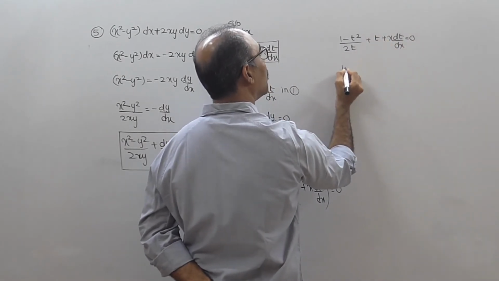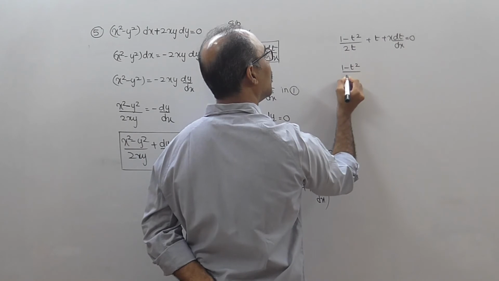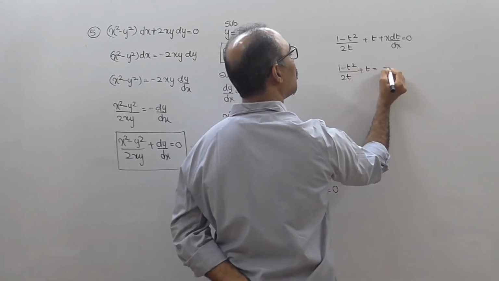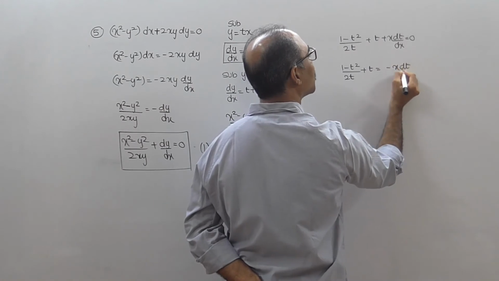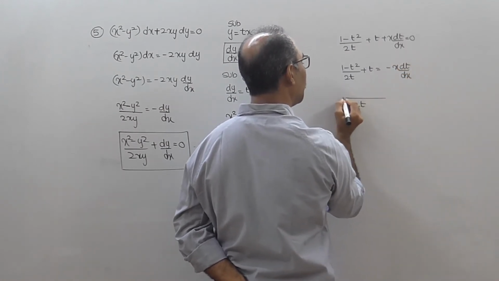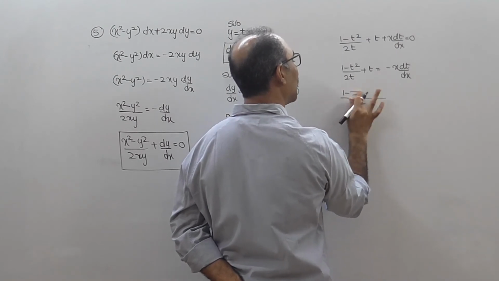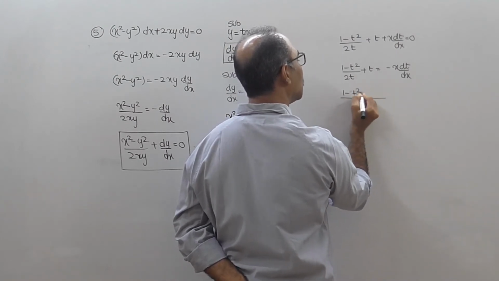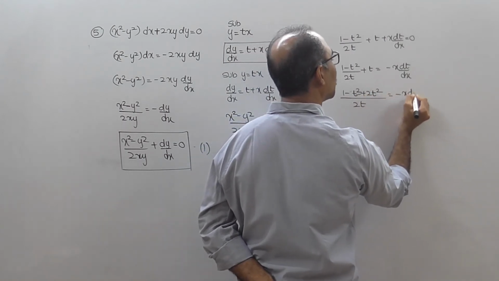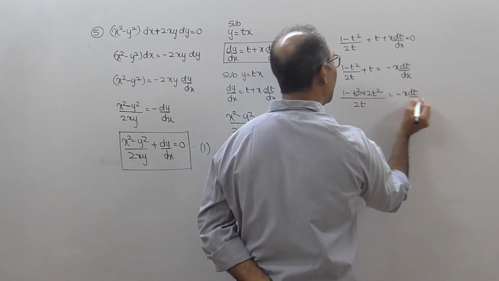Now keep all t terms on the left and rest all you shift to the right, so the sum becomes easy to solve. For the time being, we'll write this as minus x dt by dx. We can take the LCM as 2t. You get this as 1 minus t square plus 2t square equal to minus x dt by dx.